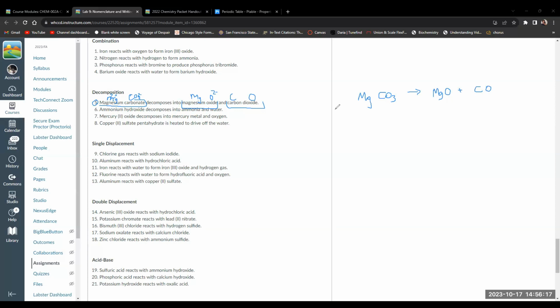Carbon dioxide, as we know, is a what? Covalent bond. So we don't have to worry about charges here. And we know di means 2, so dioxide.